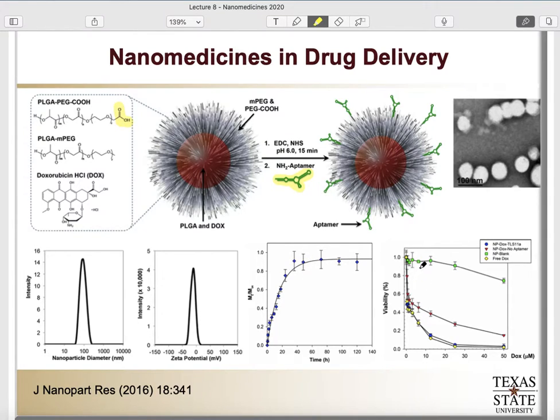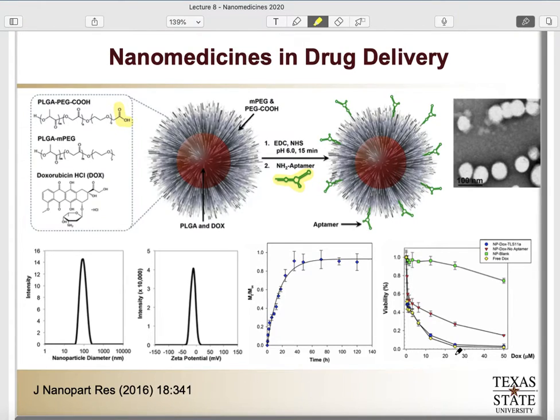We also investigated the ability of these nanoparticles to target the cancer cells. And I unfortunately did not include the picture here of the cells where we utilized a fluorescent agent to show that the nanoparticles actually did attach to the surface of the cells. But what I do show is the ability of the nanoparticles to kill the cancer cells.